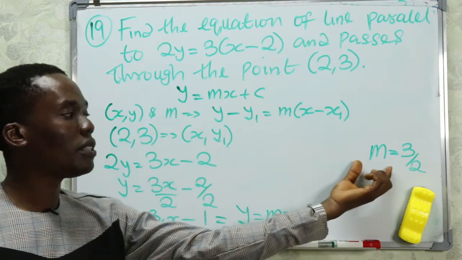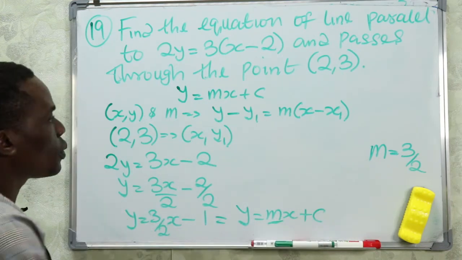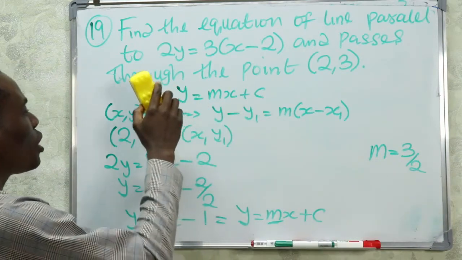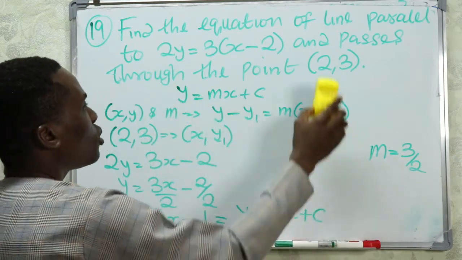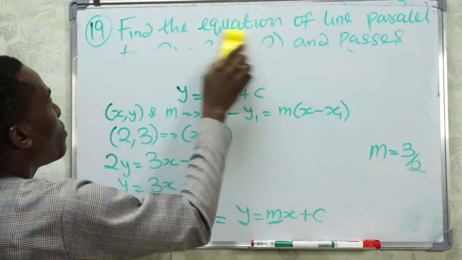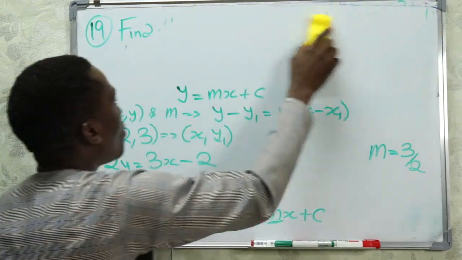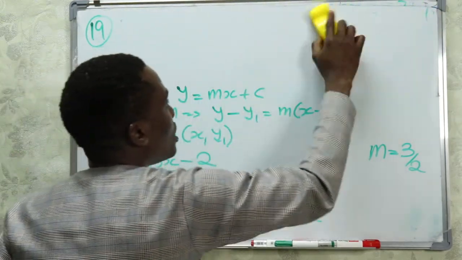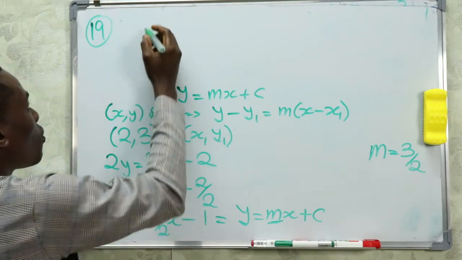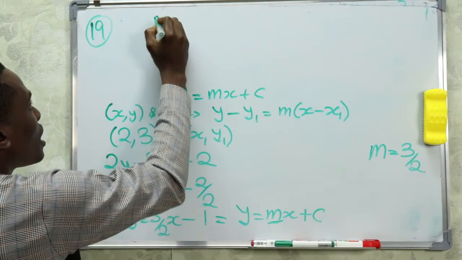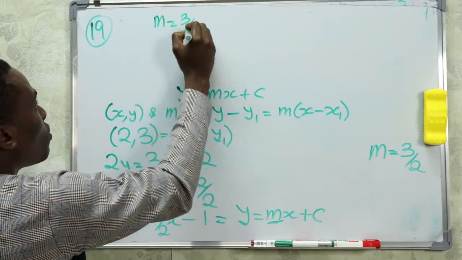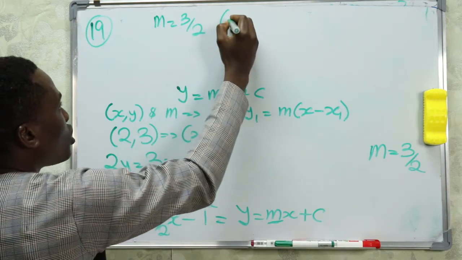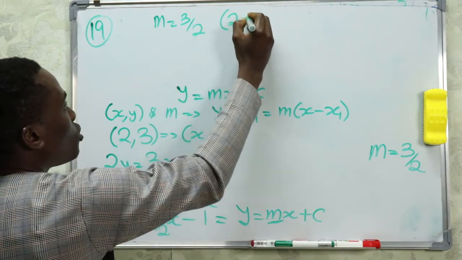That means they will have the same gradient. Now having done that, we are going to apply that into this equation. Remember, they say you should find the equation of the line that is parallel to this line. So we have our gradient m equal to 3 over 2, and the point through which these two lines pass is (2, 3).